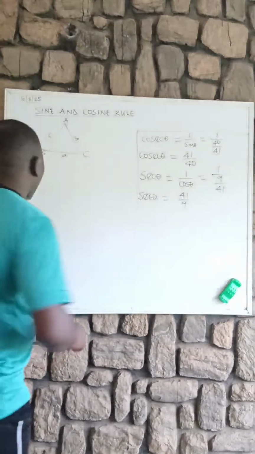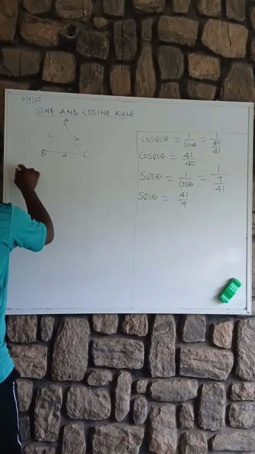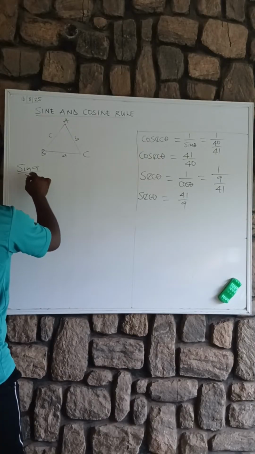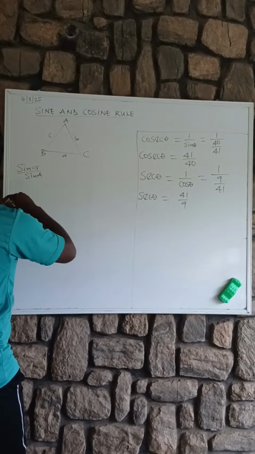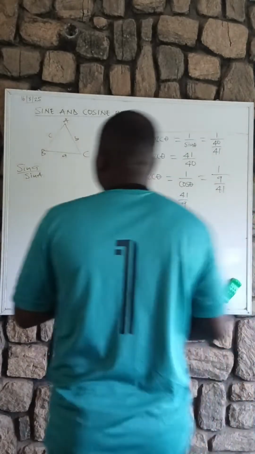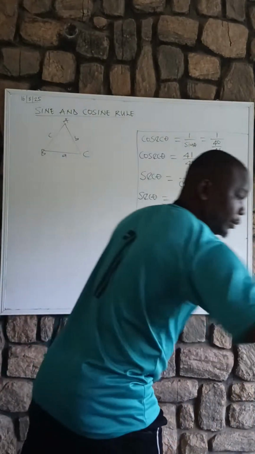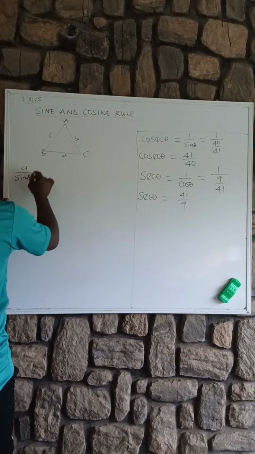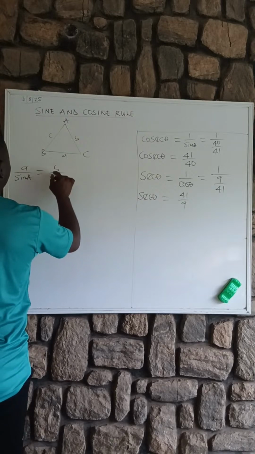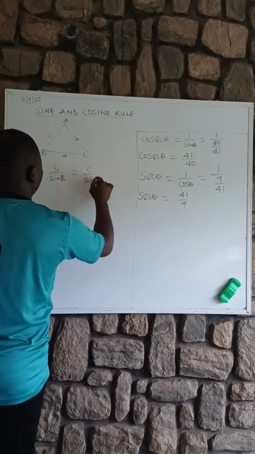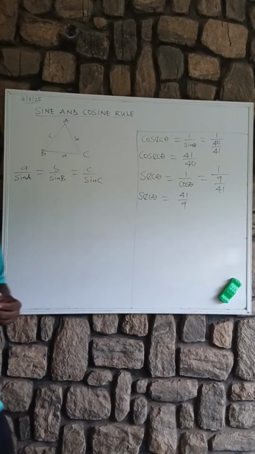So here our sine rule: small letter a all over sine A is equal to small letter b all over sine B is equal to small letter c all over sine C, right?